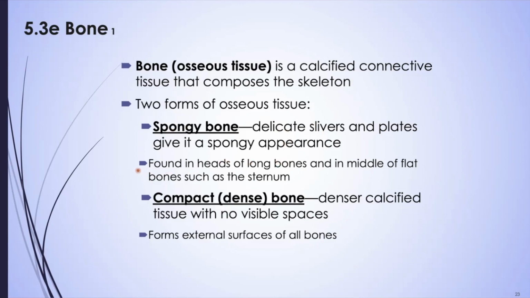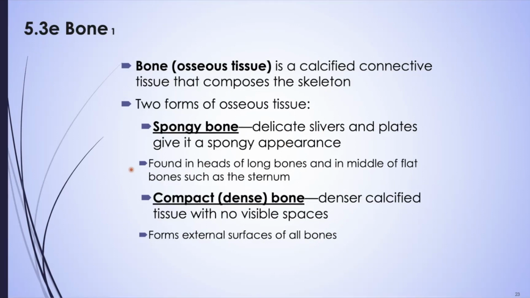It's basically going to be found in the heads of the long bones, right? And in the middle of the flat bones, like the sternum. The thing about the spongy bone is it helps to absorb impact. That way your bones don't just crack.